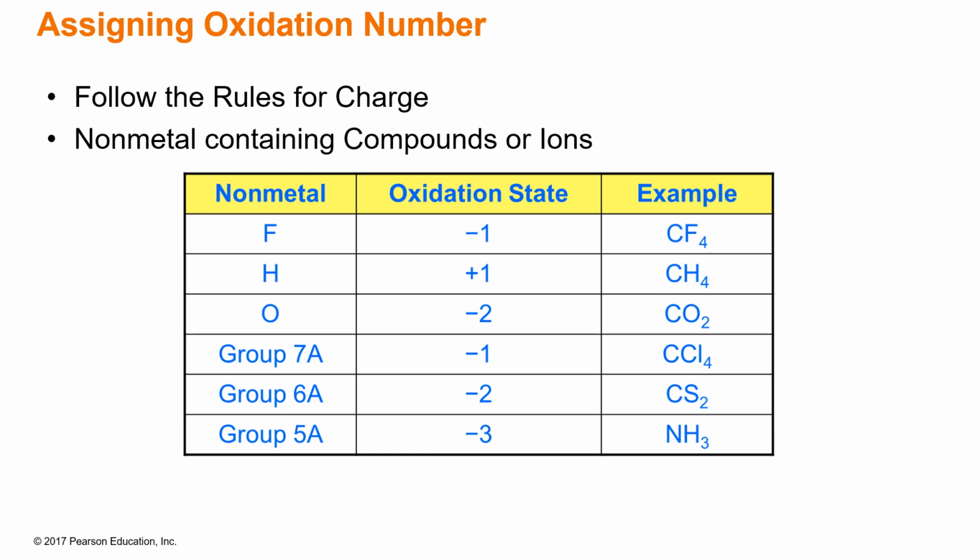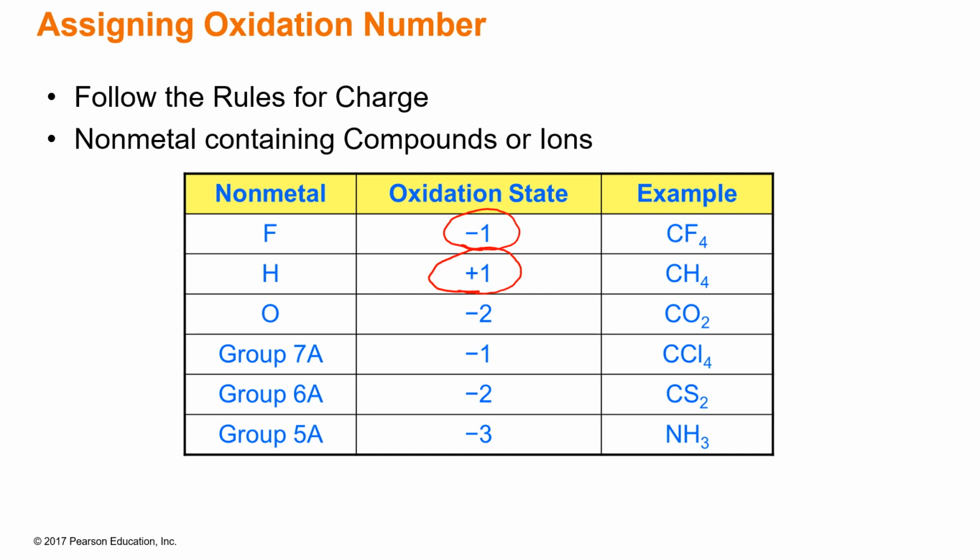When we get to strictly nonmetal containing compounds, the rules get a little more complicated. So the higher you are on this table, the higher priority it is to follow that rule. So if you have a fluorine containing compound, the oxidation state is always a -1. If you have a hydrogen containing compound, the oxidation state is always a +1.